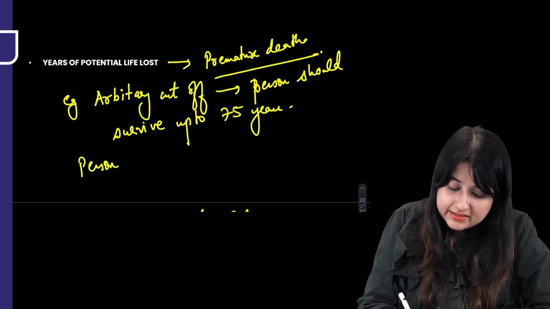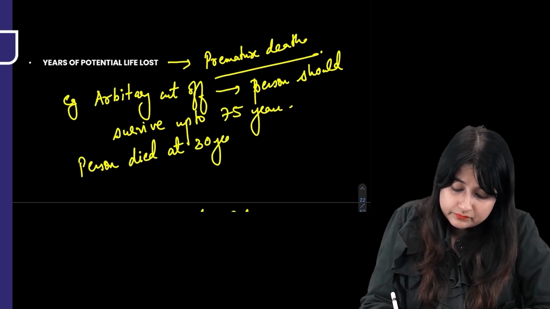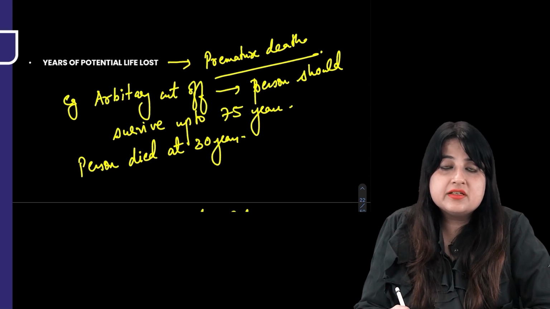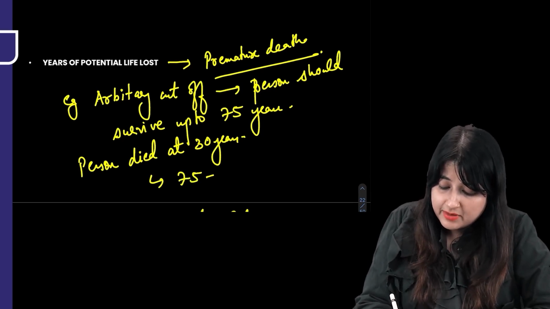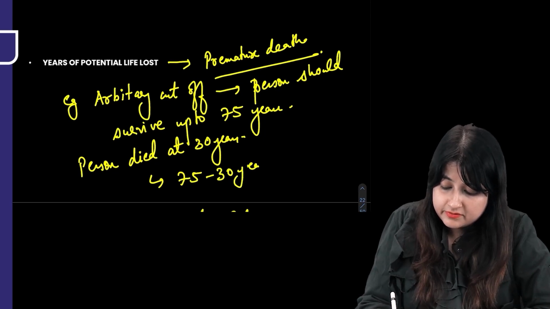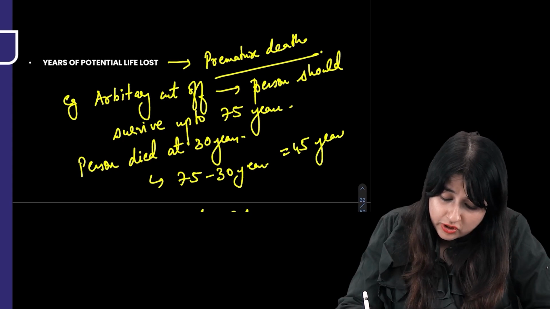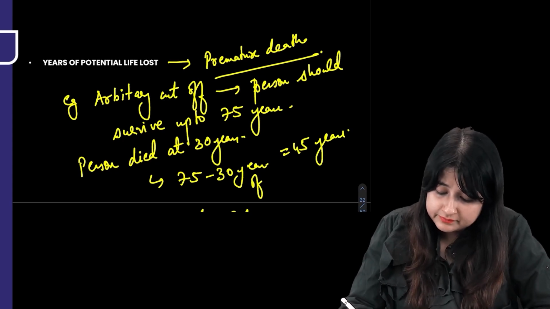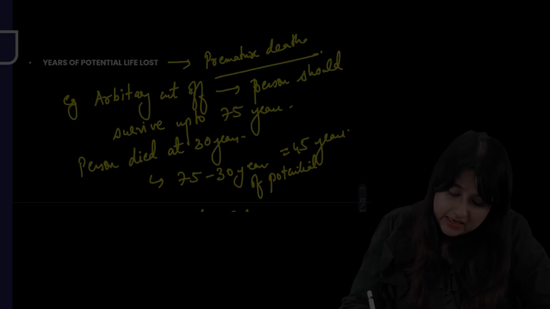The person died at 30 years. So how many years of potential life lost? 75 minus 30 years, so 45 years of potential life lost.